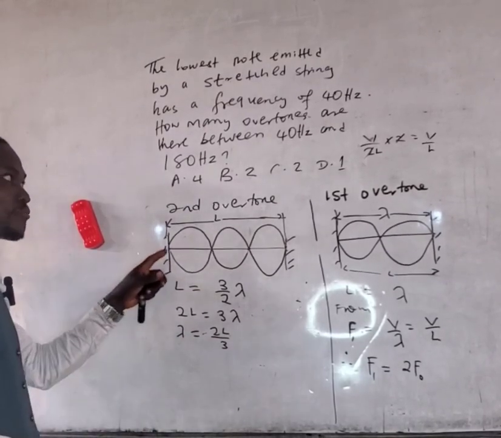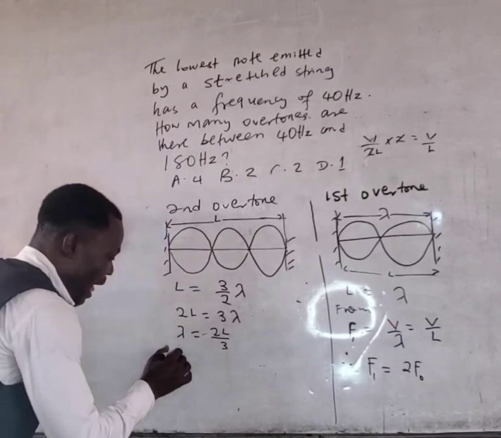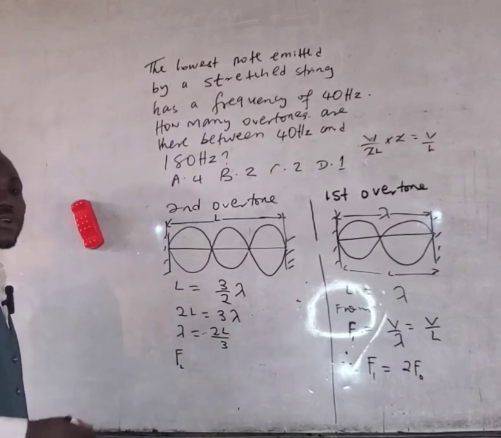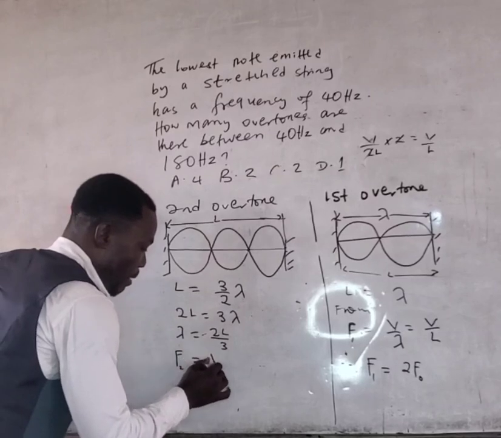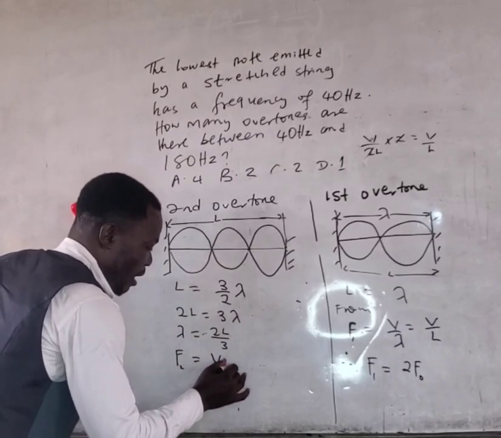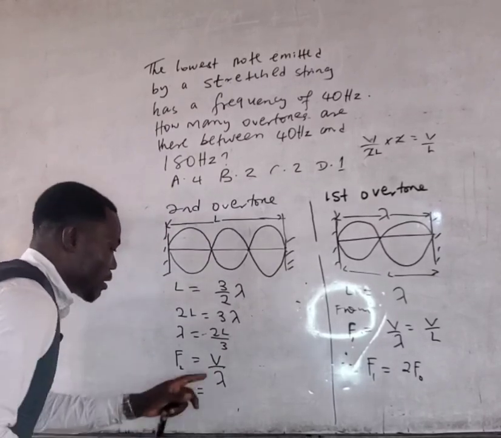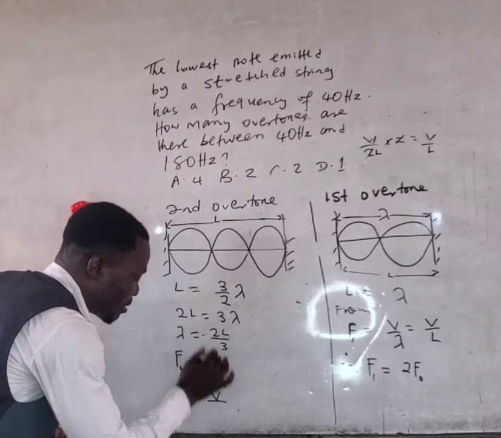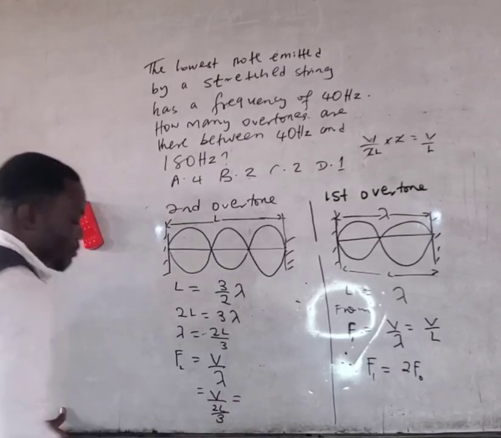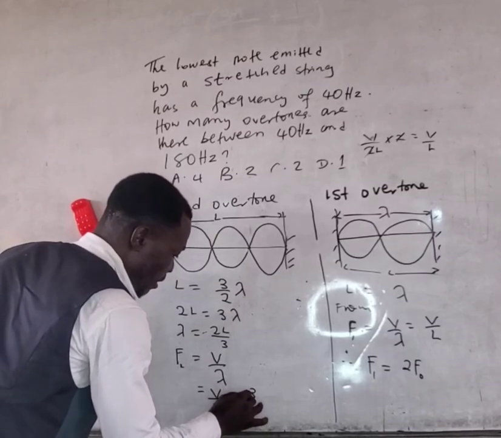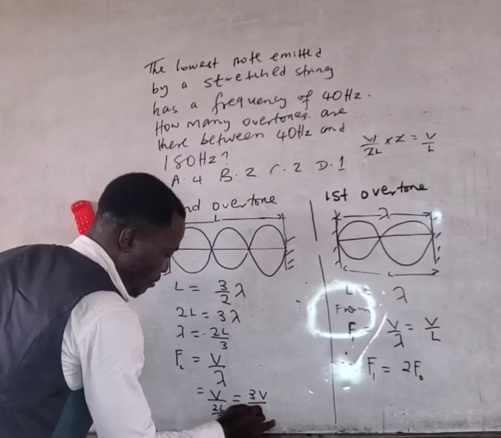So the frequency of this, which is what we call the second overtone, F2, will be equal to V over lambda. Our lambda is 2L over 3, and that will give us 3V over 2L.